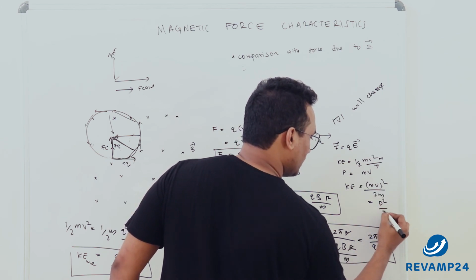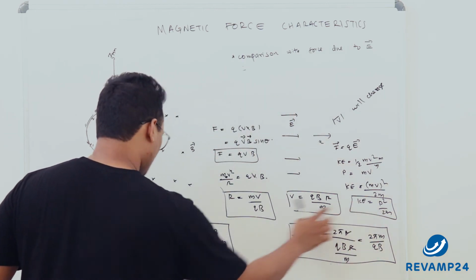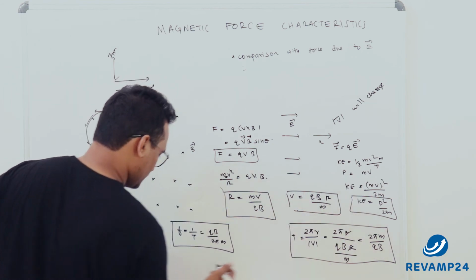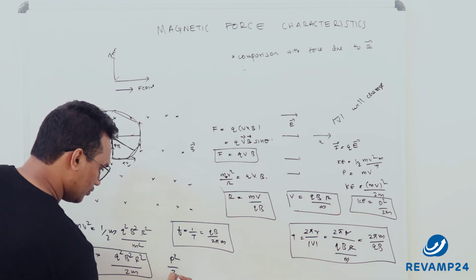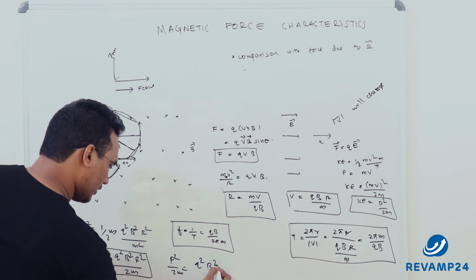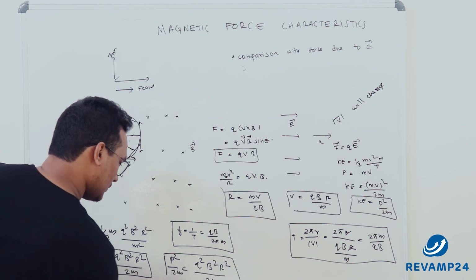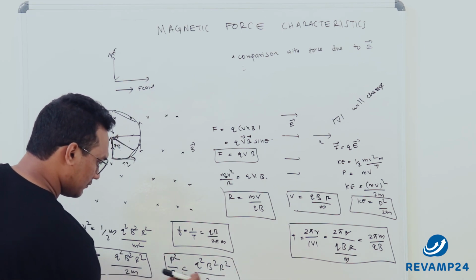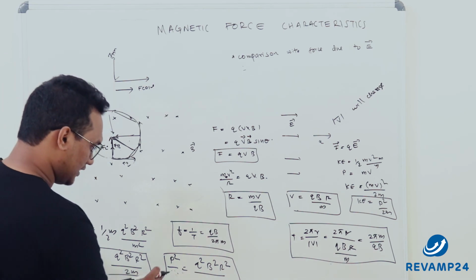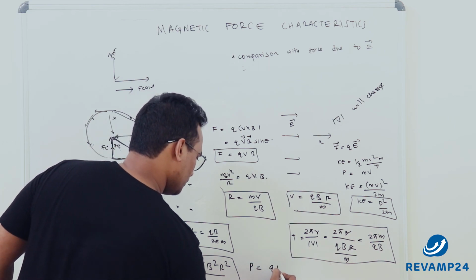So p square by 2m is the kinetic energy. So we can substitute p square by 2m here, with the kinetic energy we have got, q square B square r square divided by 2m. I can cancel this m and m, even 2 and 2. So now I will get the value of p square. So p is equal to qBr.